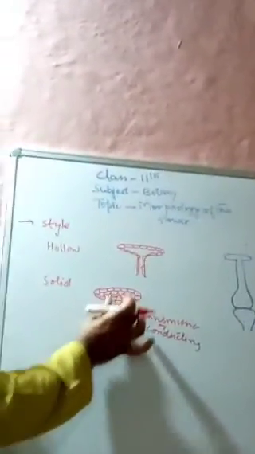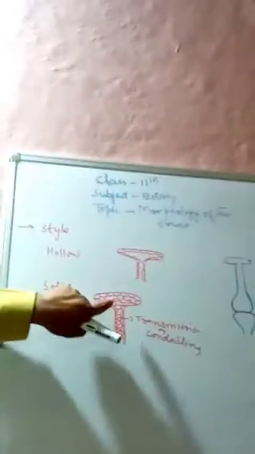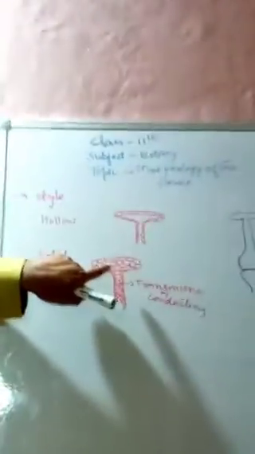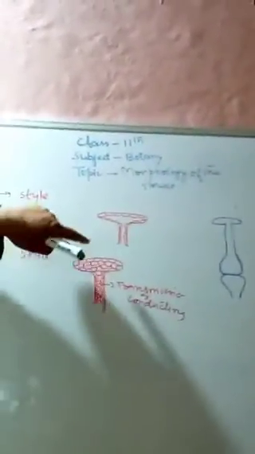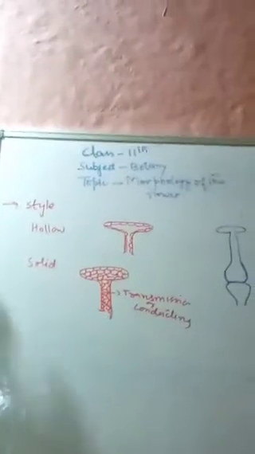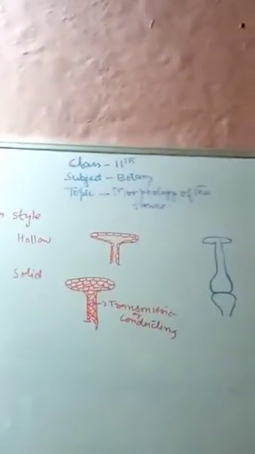This tissue secretes mucilage so that the pollen tube makes its way through these cells and reaches the ovary. So we can say we have two types of style: the first is hollow, the second is solid.